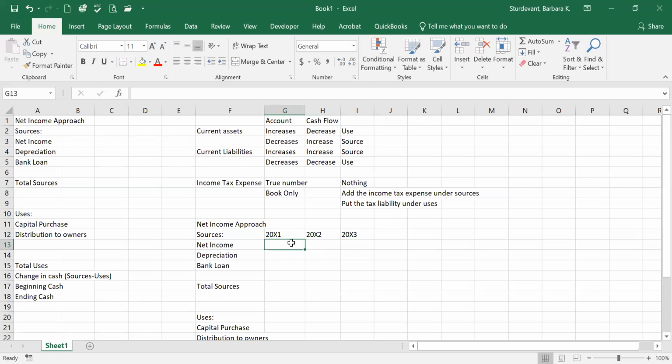The first thing you're going to do is put in the net income. If we look at the net income, we have 300,000 for year 1, 300,000 for year 2, and 0 for year 3. Depreciation expense is 500,000 every year.